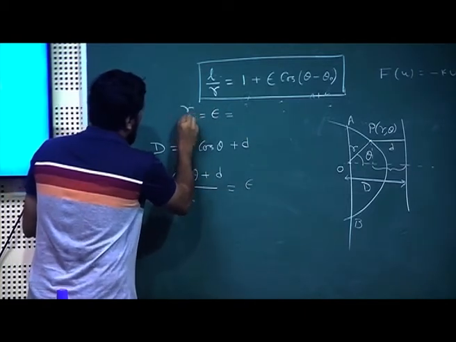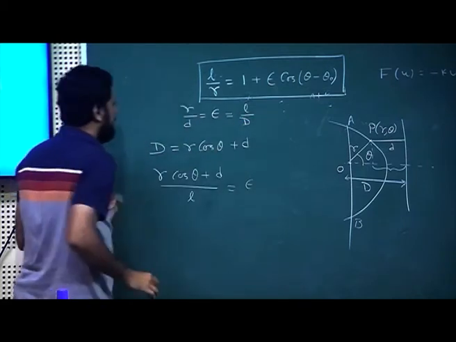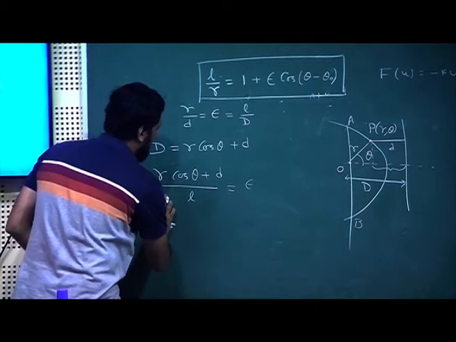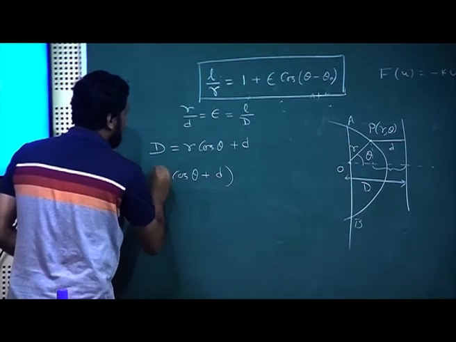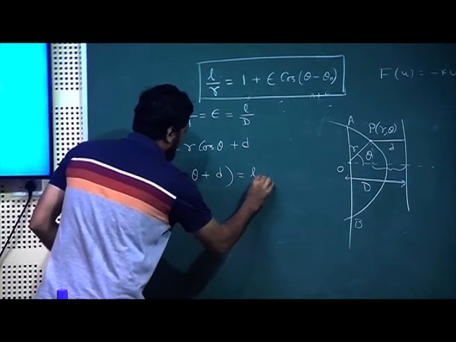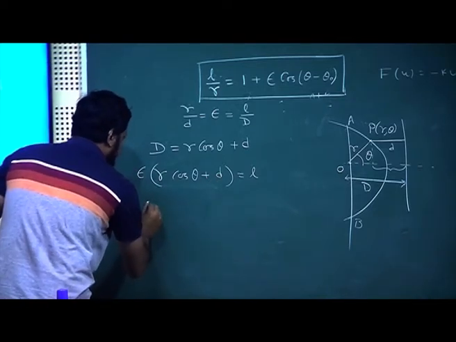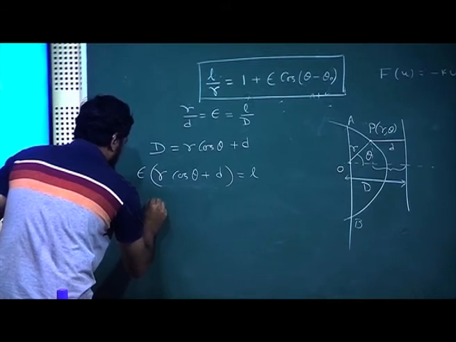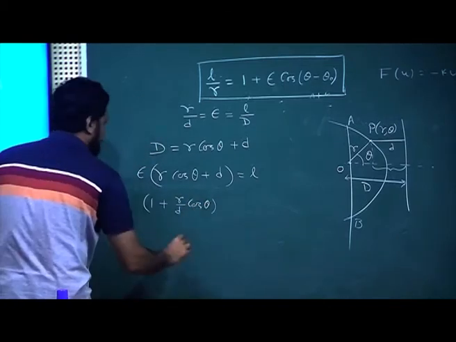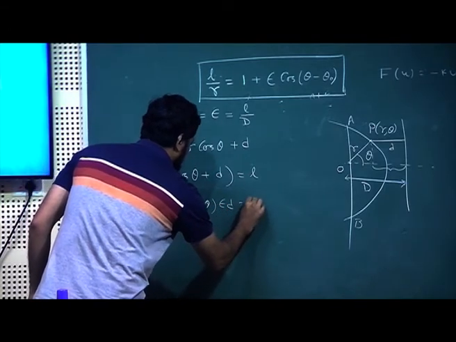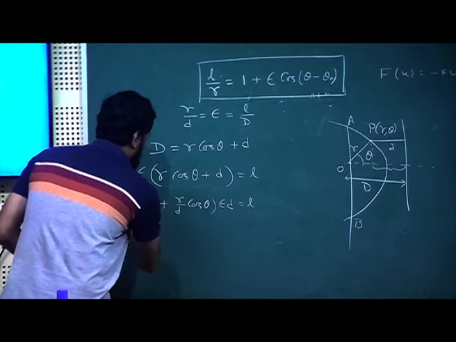So, it will be r by d, which will be once again L by D. So, essentially what we have is epsilon D is equal to L. So, if we take d out of here, we immediately see 1 plus r by d cos theta times epsilon D is equal to L. Oh, sorry, it is not needed.